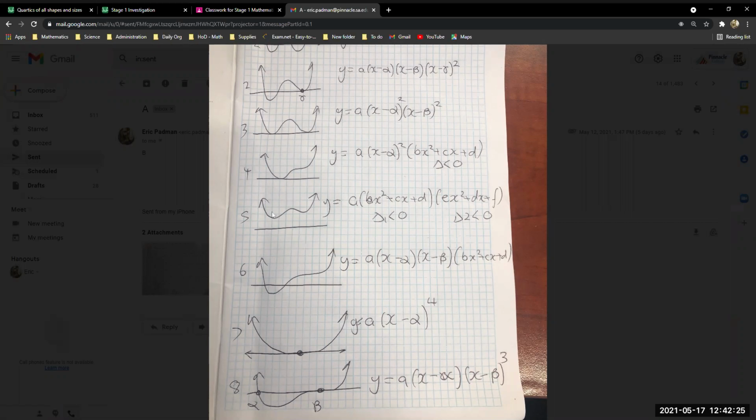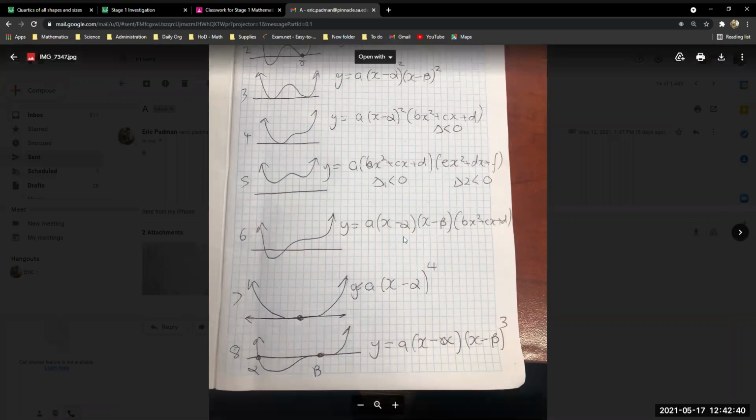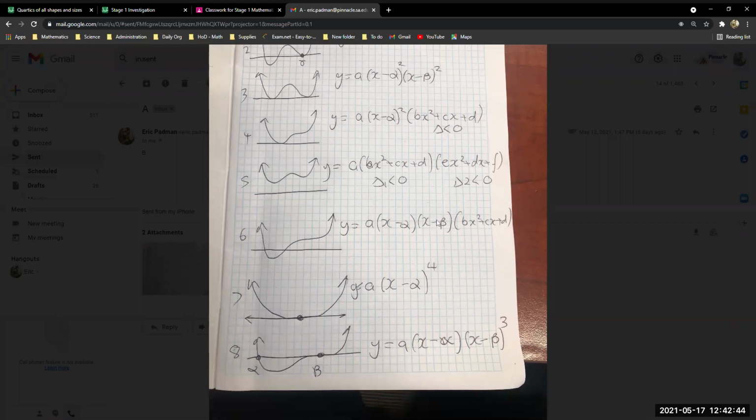It doesn't have to be a W shape, but it's either entirely above or entirely below the x-axis if a is negative. It could be all sorts of different shapes, and I'll show you how later on. Now this one here is if it has 2 distinct linear factors.